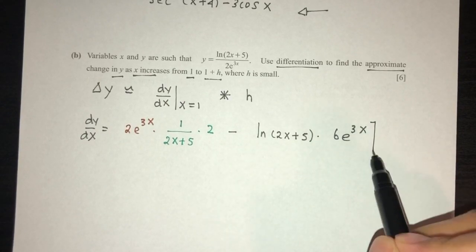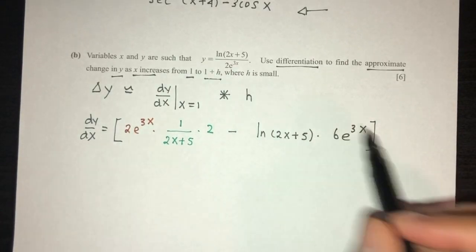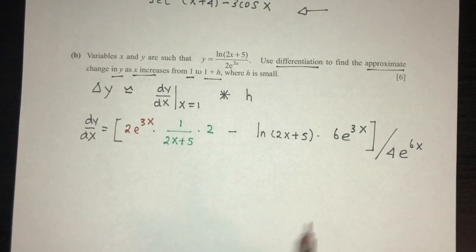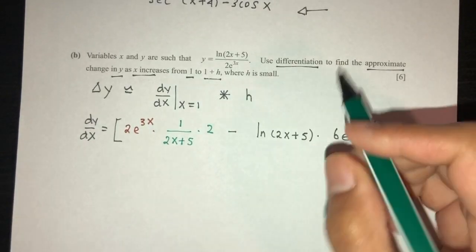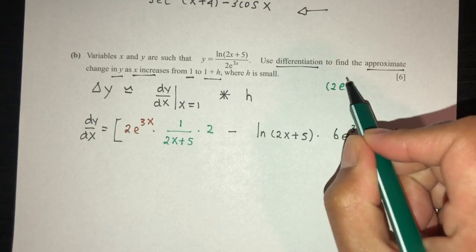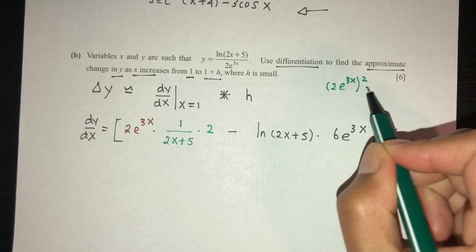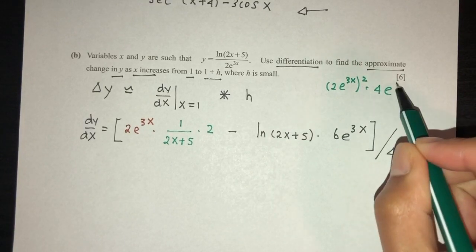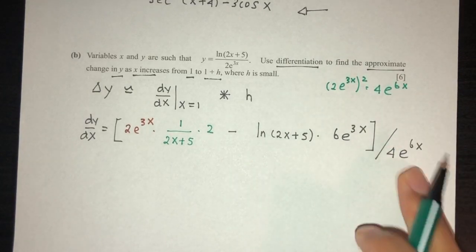And everything divided by the square of the base. That should be 4 exponential 6x. So the square of the base will be 2 squared, that is 4, and 3 times 2 should be 6. That's why we get this, okay?